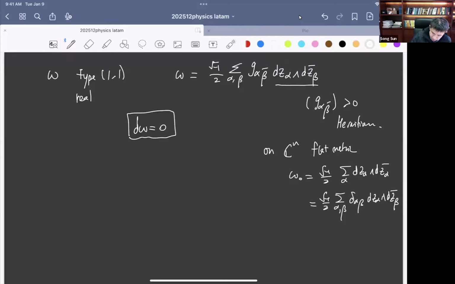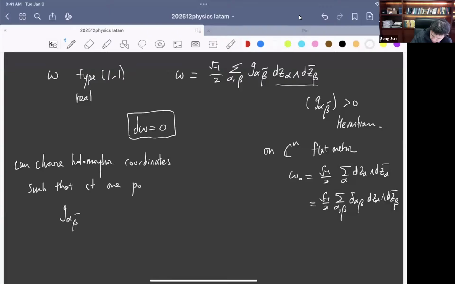So we can locally choose holomorphic coordinates such that g alpha beta-bar at one point is standard.